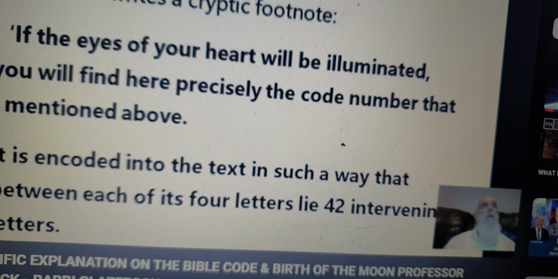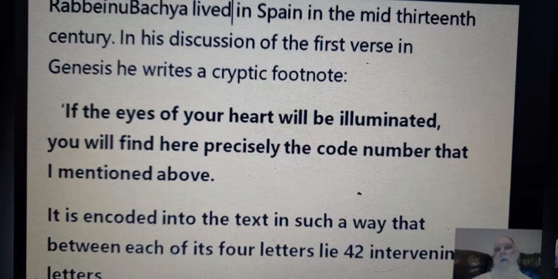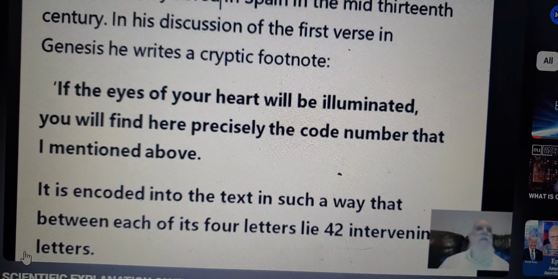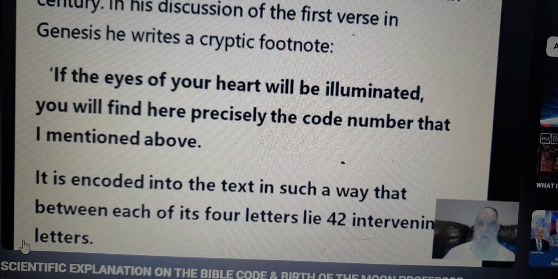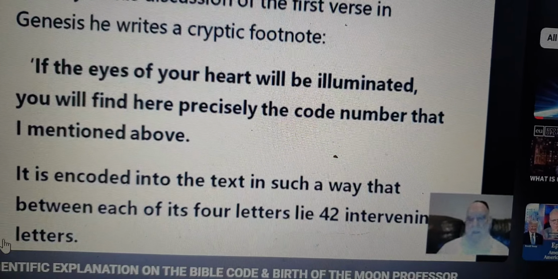It is called Rabbeinu Bachye on Torah. You have it in English also. You can see that in the beginning, I think it's chapter 2, when he speaks about the moon, you can read exactly what he said about it.